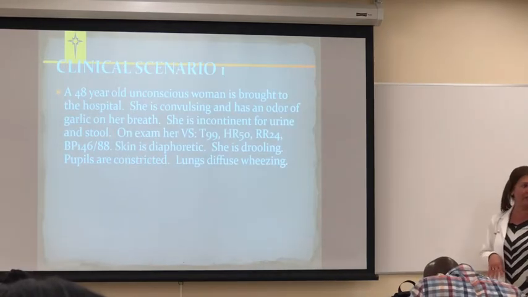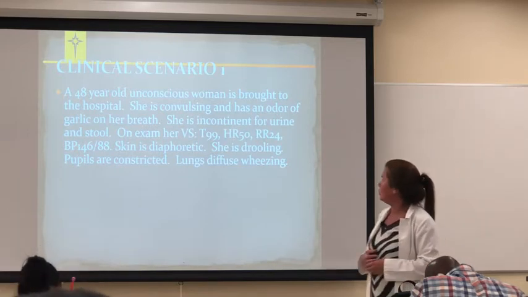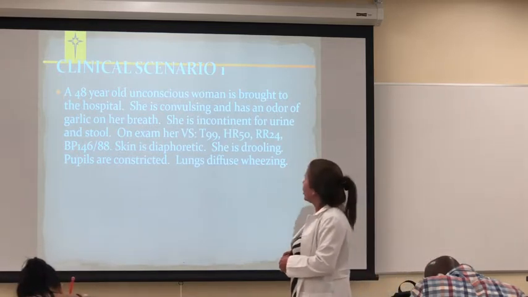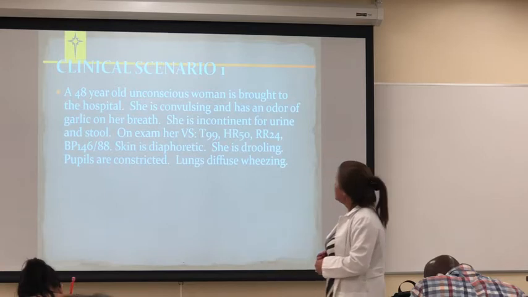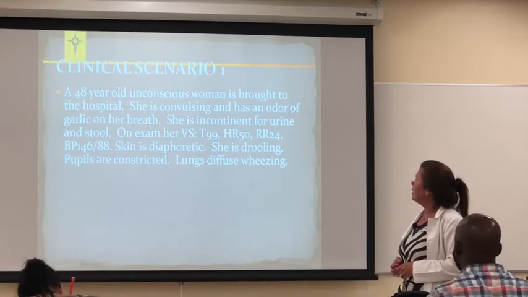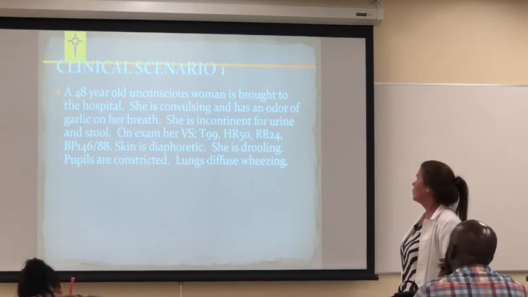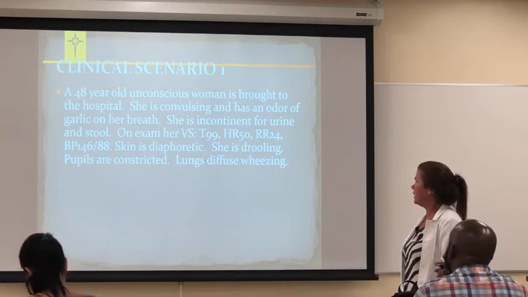Cases. A 40-year-old unconscious woman brought to the hospital convulsing, has an odor of garlic on her breath. She's incontinent for urine and stool. On exam, she has a temperature of 99, heart rate is 50, respiratory rate is 24, and the blood pressure is 146/88.